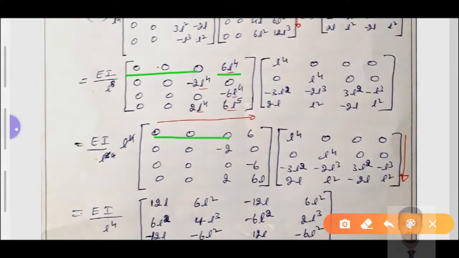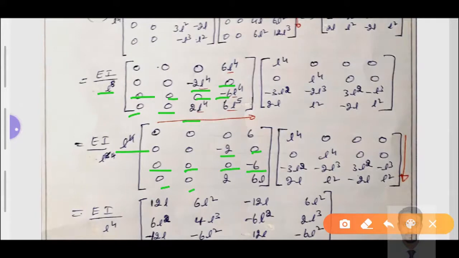L power 4 we have taken, it becomes 6, and then 0 0 minus 2, we have taken out, minus 2 remains. L power 4 we have taken common here, and then 0 0 0 0 minus 6 L power 4 becomes minus 6, 0 and 0, 2 L power 4 becomes 2, and 6 L power 5 becomes 6L. This as it is we have taken.